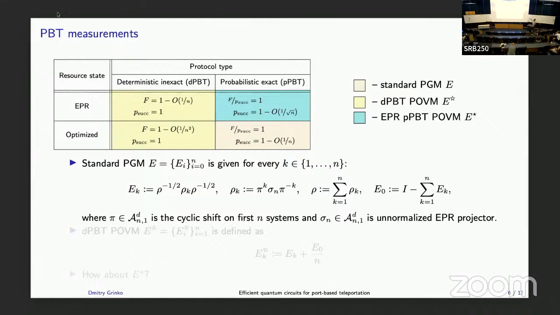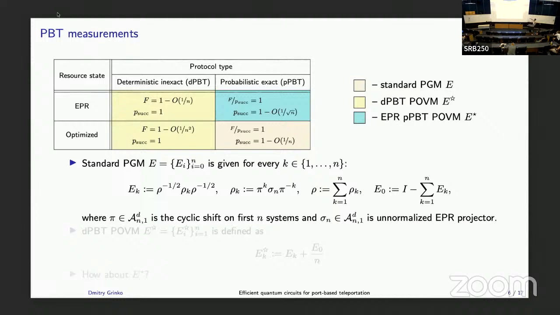So what you see here is you have these effect outcomes E_k, which you should think about as conjugated states rho_k, and the state rho_k is like a maximally entangled state between the k-th system and the n+1 system. And the n+1 system is exactly the system which Alice tries to teleport.